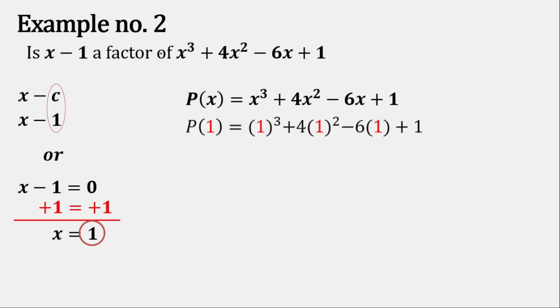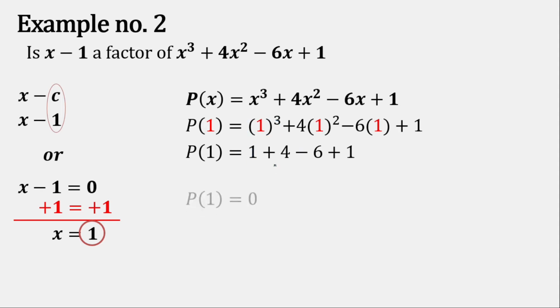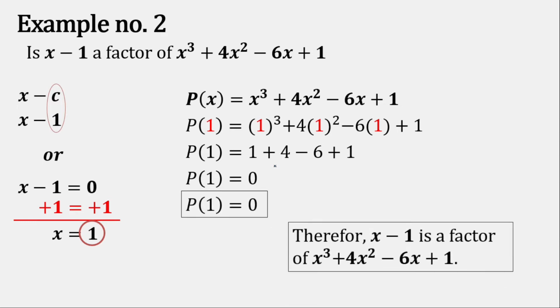Now let's substitute 1 on our x. So we have this: 1 cubed is 1, 1 squared is 1, then times 1, and we have this. So 1 plus 4 minus 6 plus 1 is equal to 0. If it is equal to 0, therefore x minus 1 is a factor of this.